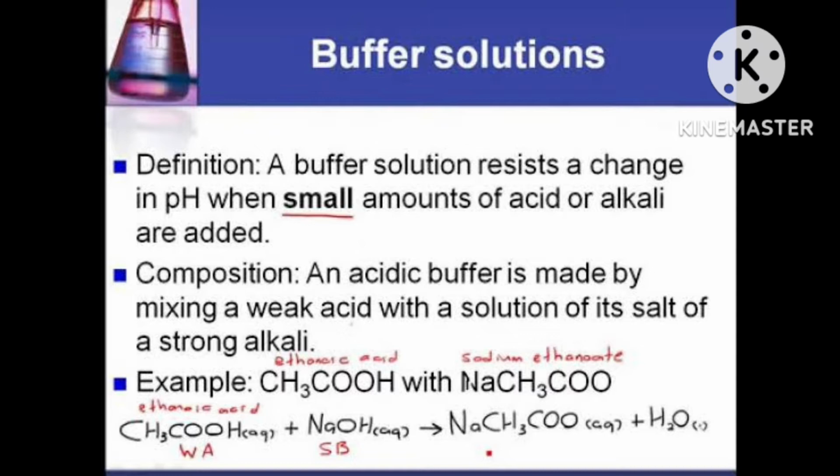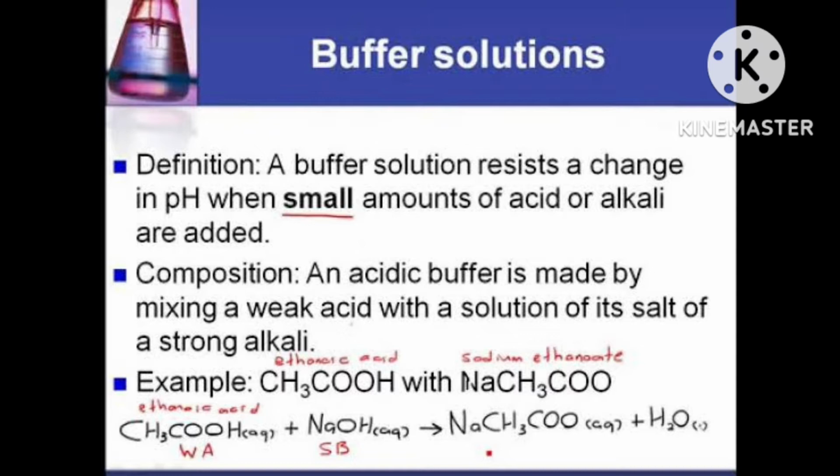Now there are three types of hydrolysis. We now consider hydrolysis of salts of the three types. First is salts of a weak acid and a strong base. Example is sodium acetate.